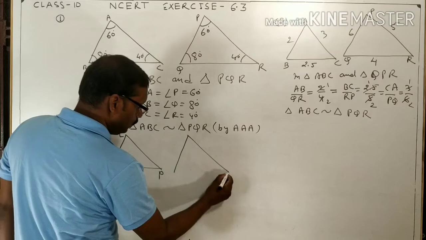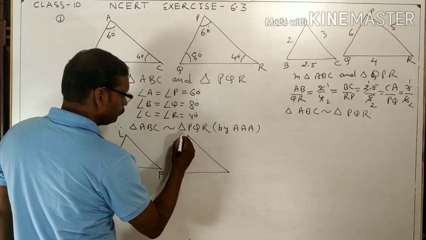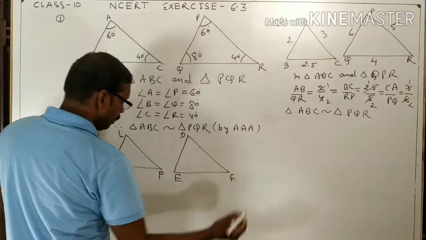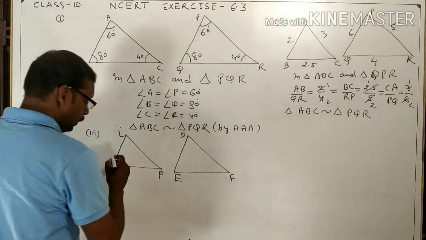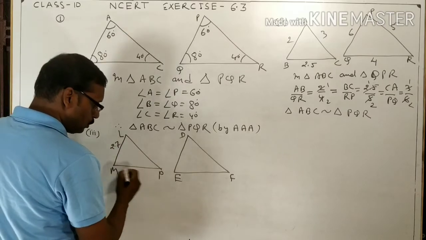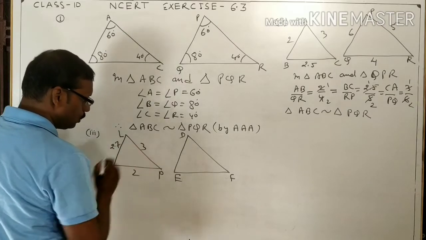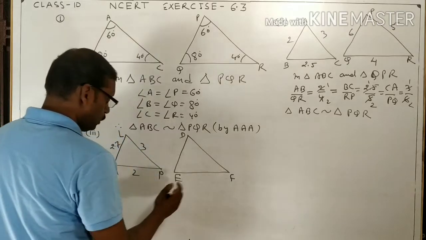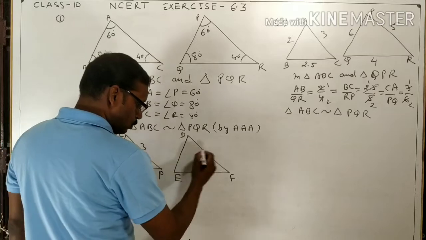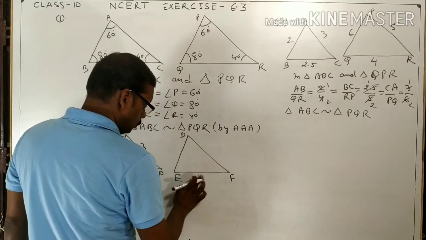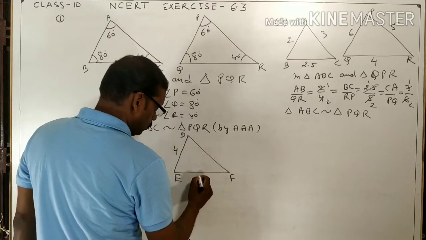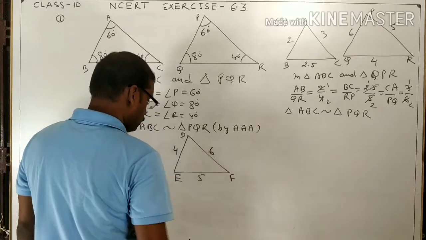In triangle LMP the sides are 2.7, 2 and 3, and similarly in triangle DEF the sides are 4, 5, and 6.